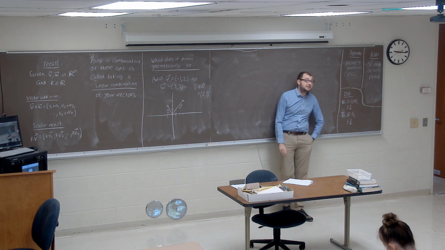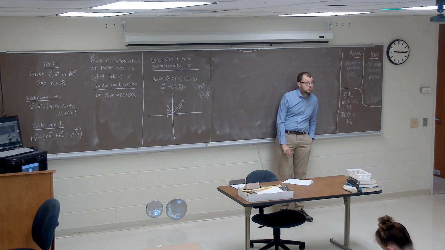What do we have to do with our two arrows for v and w in order to find an arrow for v plus w?